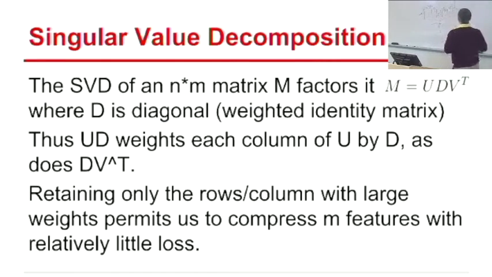So let's think about it. If we have an n by 1 matrix and a 1 by m matrix and we multiply them, what do we get? An n by m matrix. Does everybody see that? So one of these columns and one of these rows multiplied together gives us an n by m matrix.